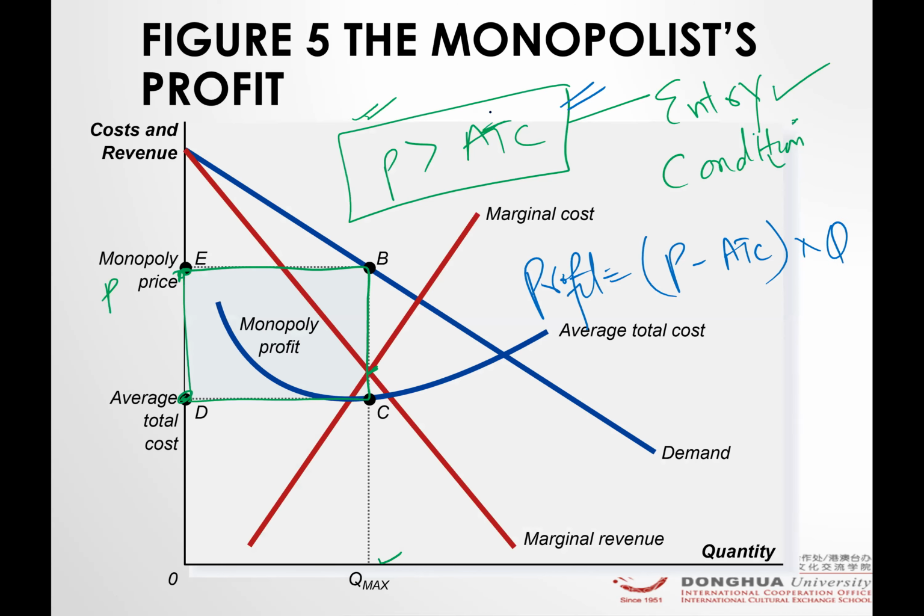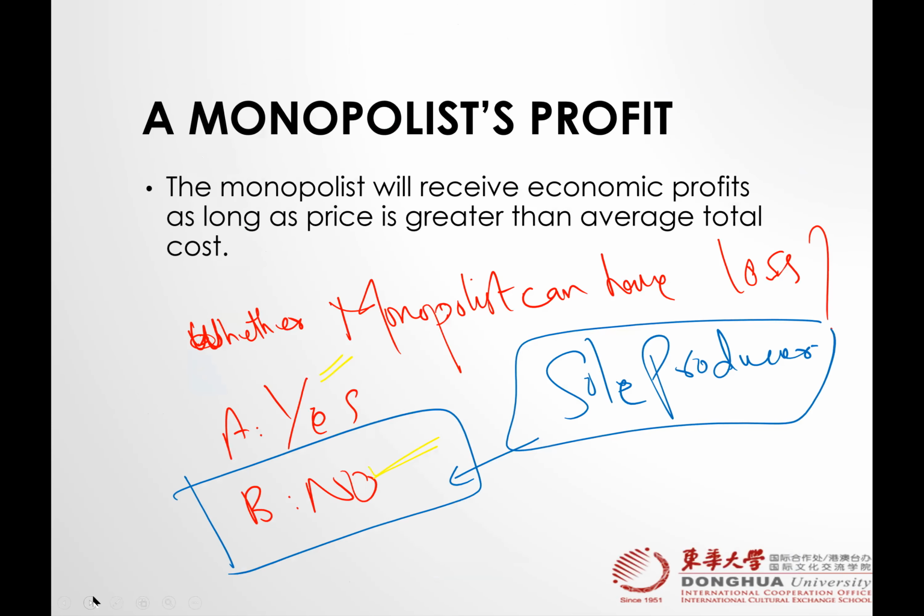Price can never be below the average total cost, so profit can never be 0 or less than 0. Understand? So they cannot have a loss, because they are the sole producer and they set their price above average total cost, so they can never have a loss.